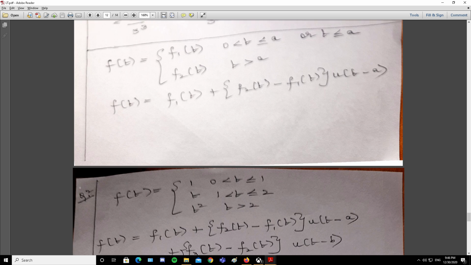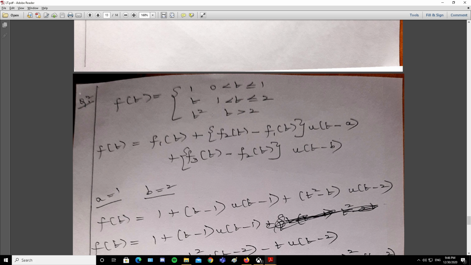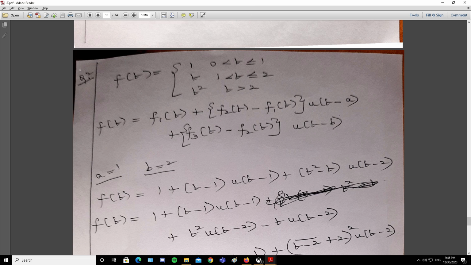Now we have a problem with 3 subintervals. If f of t equals 1... you see here we have a problem defined in 3 subintervals. F of t equals 0 for t lying between 0 and 1, t for t lying between 1 and 2, t square for t greater than 2.